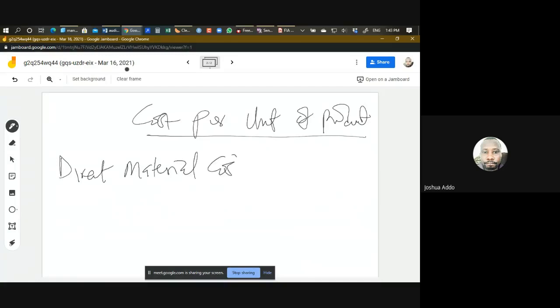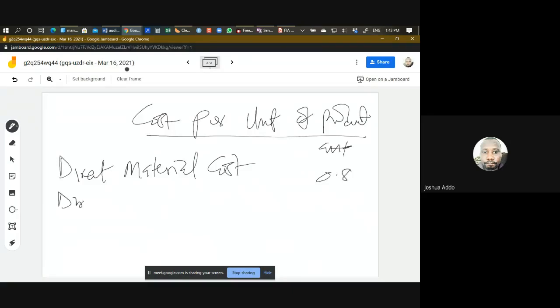You will have direct material cost. So let's say direct material cost per unit. Direct material cost for one sobolo. Let's say it is 1 Ghana cedi or 2 Ghana cedis. One bottle of sobolo, that would be too much. So let's make it 0.8 Ghana cedis.